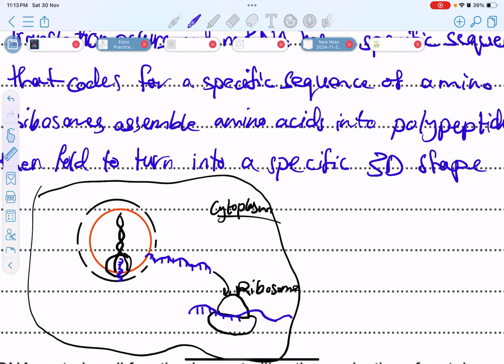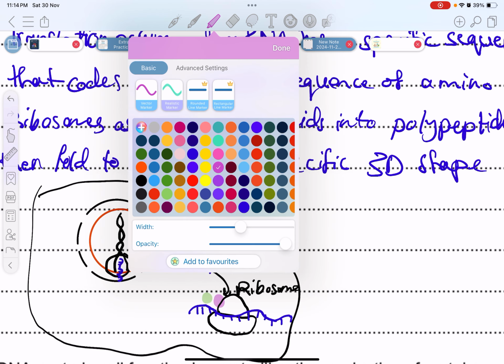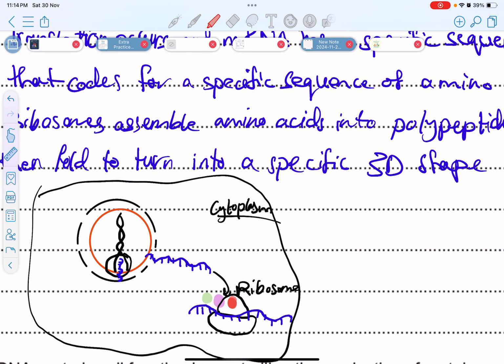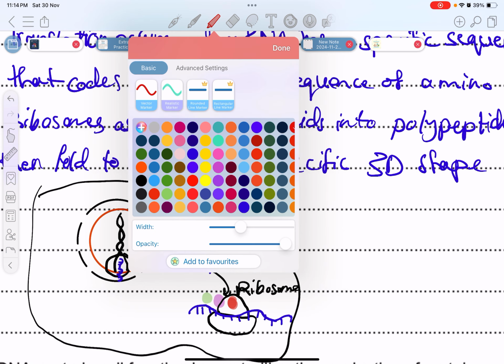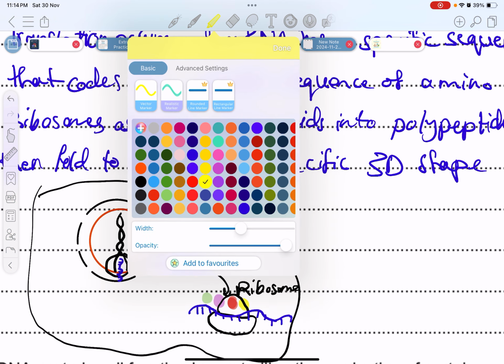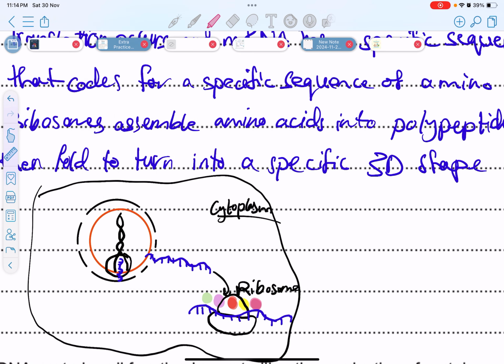And this mRNA is going to be like an instructor that guides the ribosomes in which sequence to arrange the amino acids. For instance, I have here this group of amino acids: the red, the purple, the green, the purple, the red, the yellow, the pink.